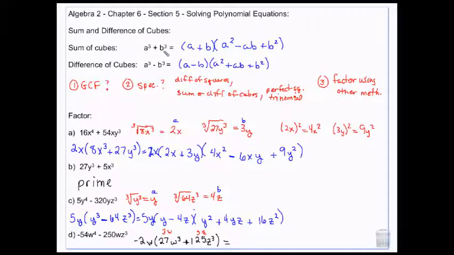So sum of cubes. So I've got that negative 2w that doesn't go away. And then I have A plus B times A squared minus A times B plus B squared.